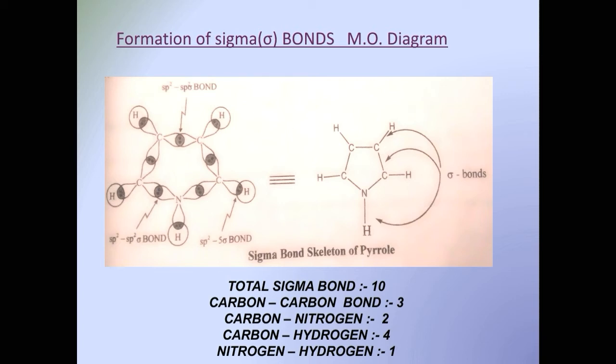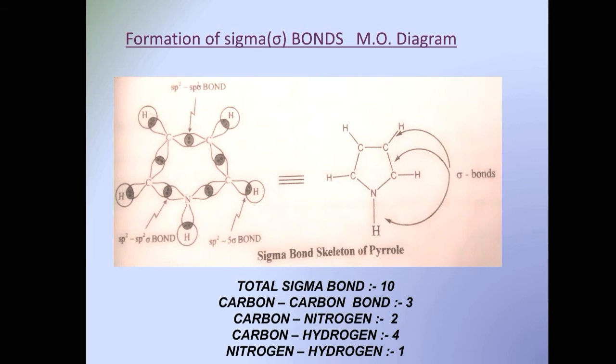Therefore, 3 carbon-carbon bonds form by sp2-sp2 overlap, 2 carbon-nitrogen by sp2-sp2 overlap, 4 carbon-hydrogen by sp2-s overlap and 1 nitrogen-hydrogen by sp2-s overlap. In this way, sigma bonds are formed. The total 10 sigma bonds lie in one plane and are at 120 degrees from each other.